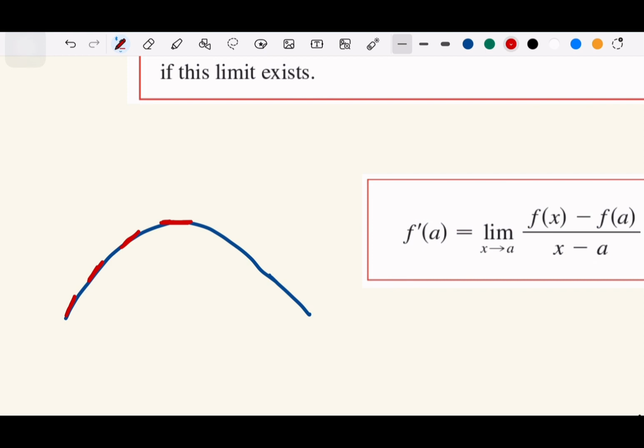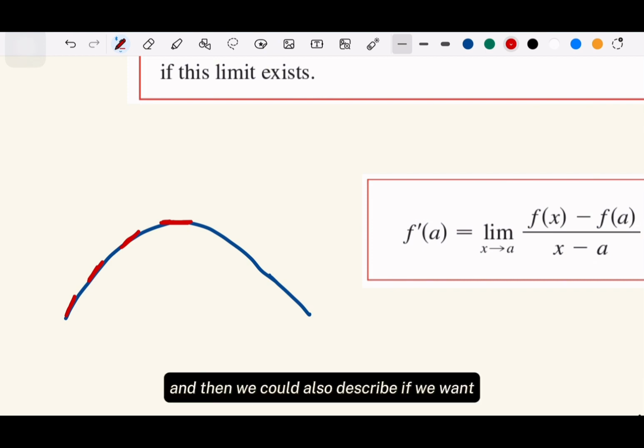It's more negative. And then we could also make another function which describes the derivative of that function. Then that will be our goal, I think, in a few chapters in the future. We are going to sketch a curve using calculus.